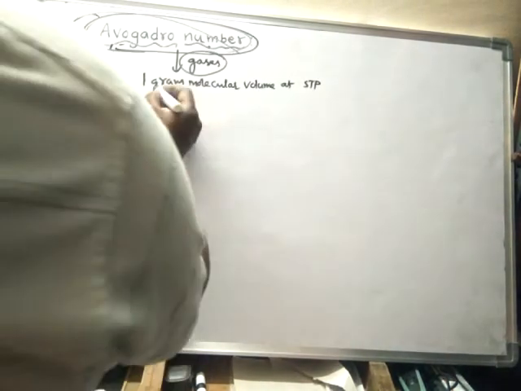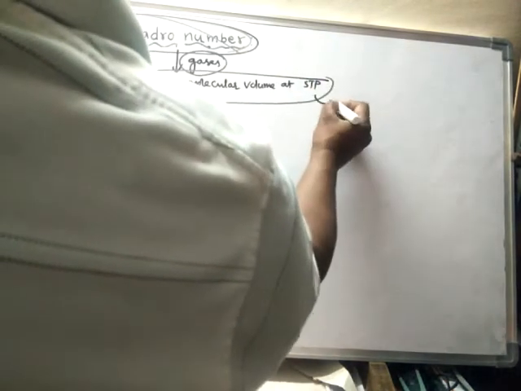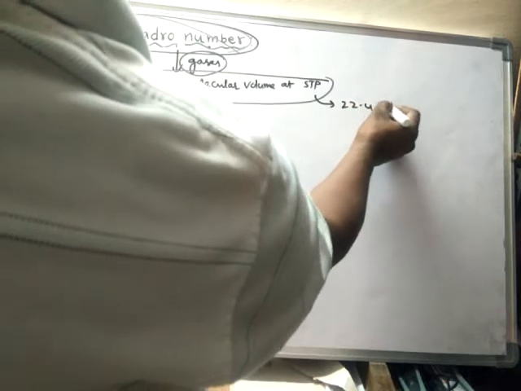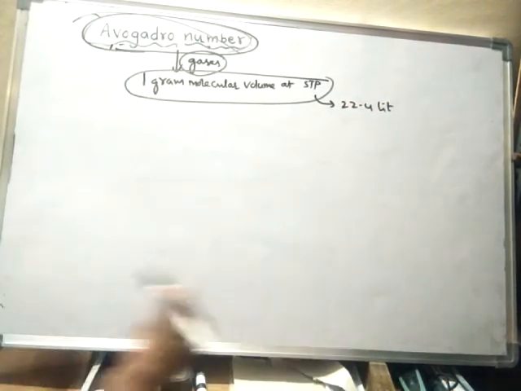Already we know experimentally that the value of 1 gram molecular volume at STP is 22.4 liters.